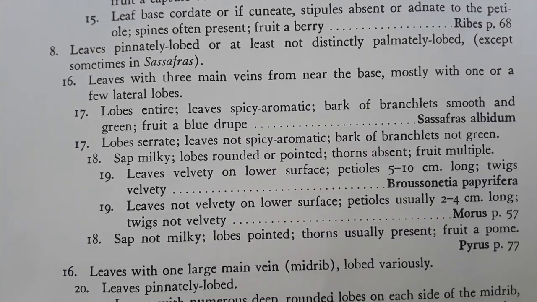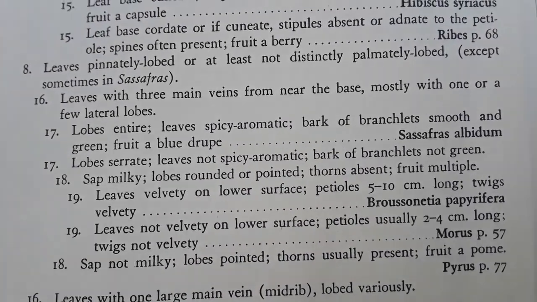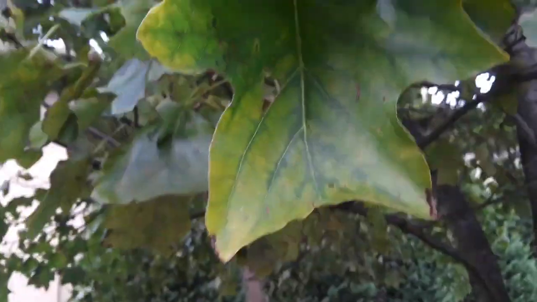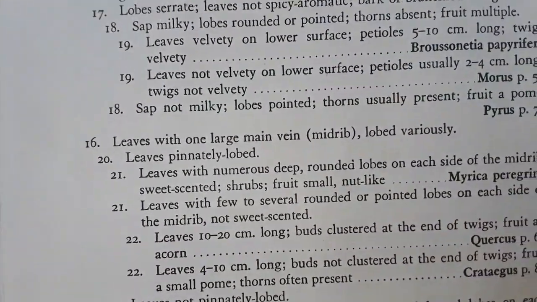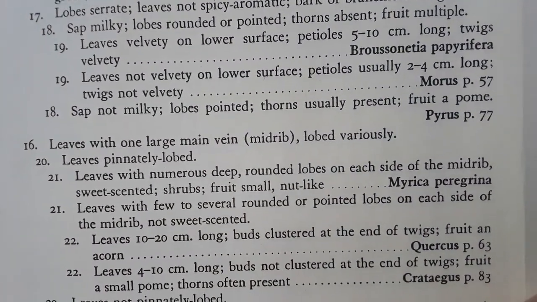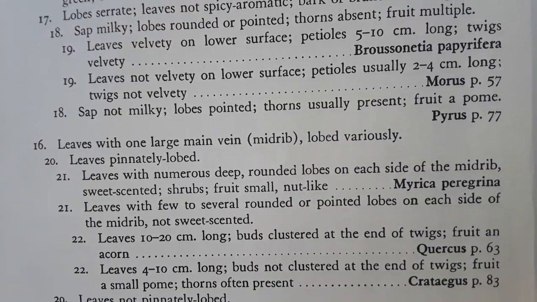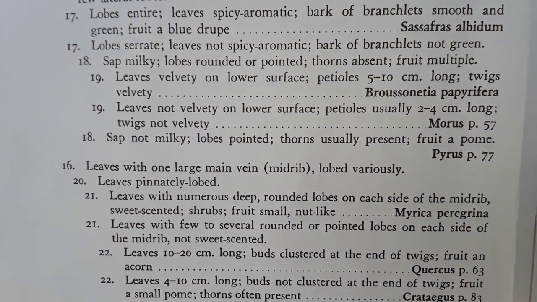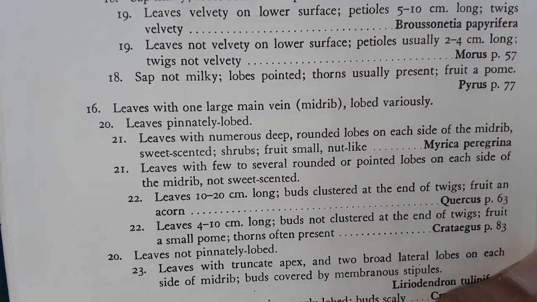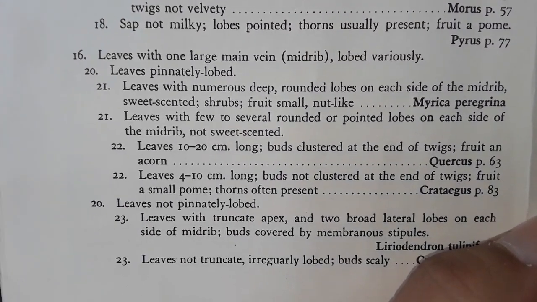Leaves with 3 main veins from near the base? Well, that's not the case here either. You just have one main vein and then secondary veins branching from that one. Leaves with one large main vein, a midrib, lobed variously. Well, it's definitely lobed. Leaves pinnately lobed, or not pinnately lobed?